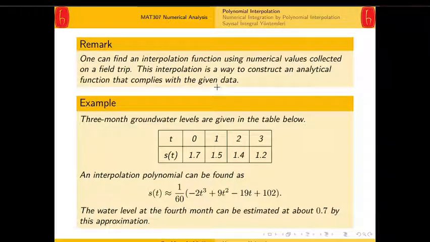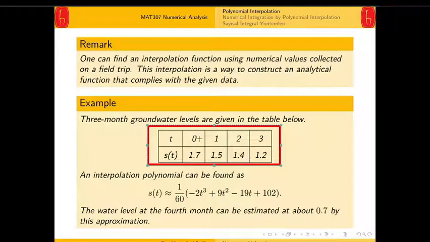Okay, an example: 3-month groundwater levels are given in this table. In the beginning, we have 0.7, and at the end of the first month it will be 1.5, and then in the second month it will be 1.4, and in the third month it will be 1.2.